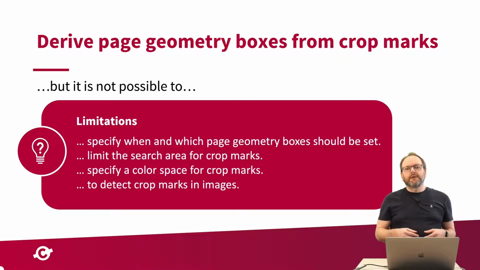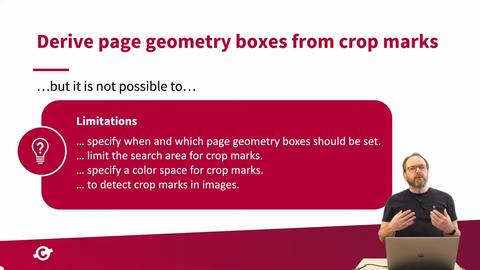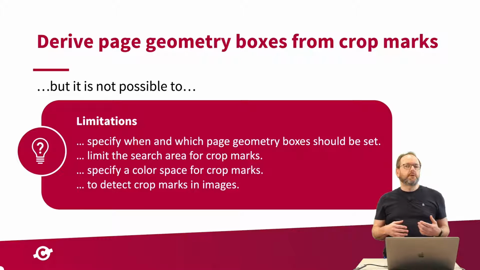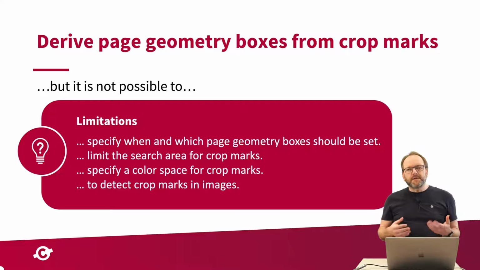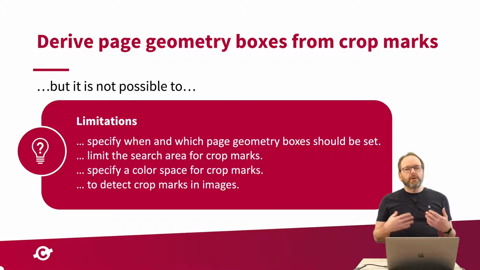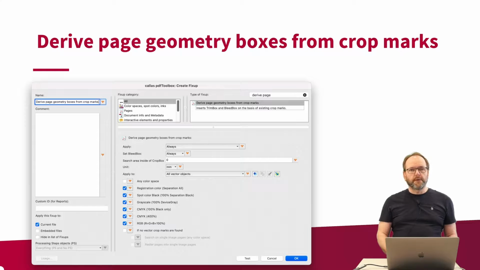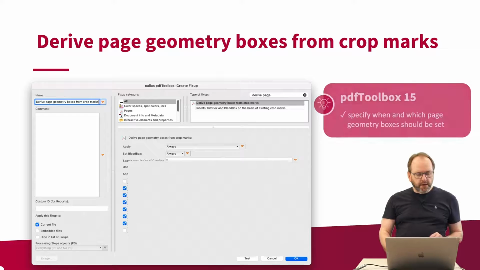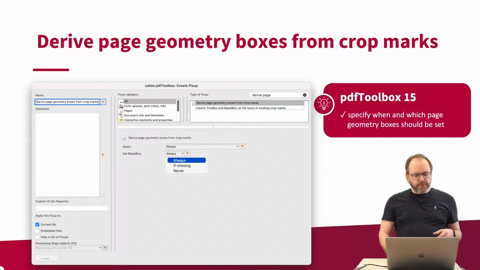And one of the annoying things with new PDF generation software coming out, things like Canva, for example, is that some of these PDF generators generate images instead of vector elements. And then that also makes it very difficult to find the marks and then set a correct trim box or bleed box.